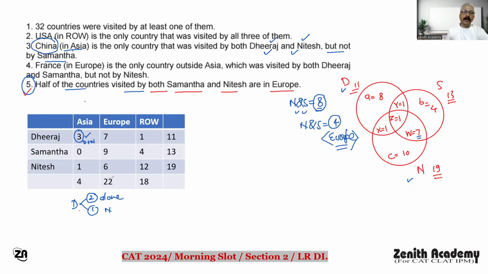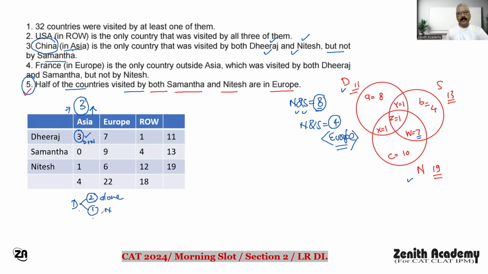So it means there are 2 plus 1, 3 countries in Asia. In Asia, the number of countries is 3. Is it clear? Because Dheeraj visited a total of 3 countries in Asia, and 1 country he visited with Nitesh, and Nitesh visited only 1 country. So out of these 3, 1 country is common with Nitesh. So the 2 countries where Dheeraj visited alone. So the total number of countries in Asia is 3.